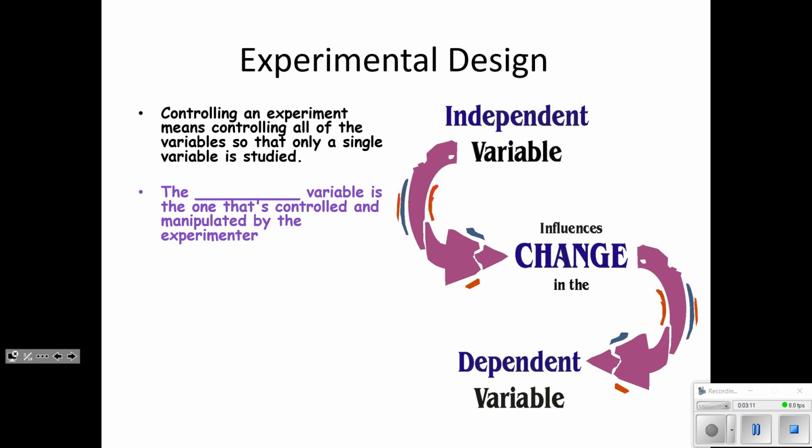Like you see to the right side of the post, your independent variable will always influence the change in the dependent variable. The independent variable is the one that is being manipulated, the one that is being changed by the person doing the experiment.